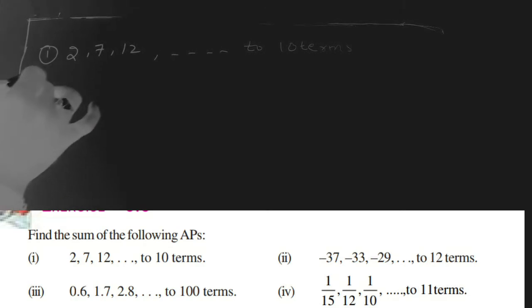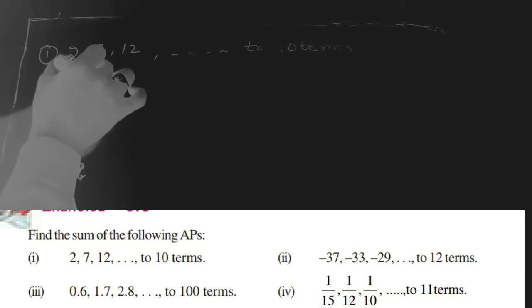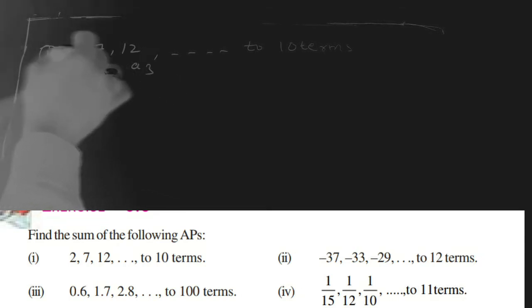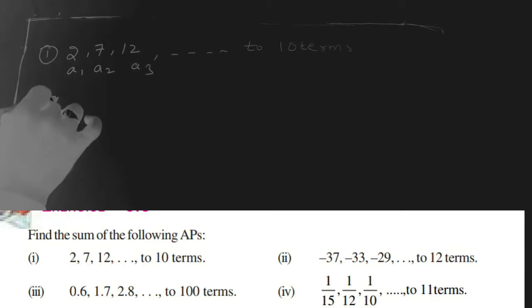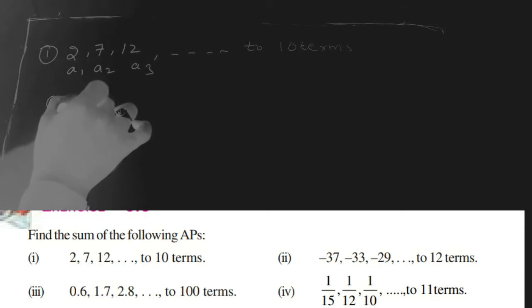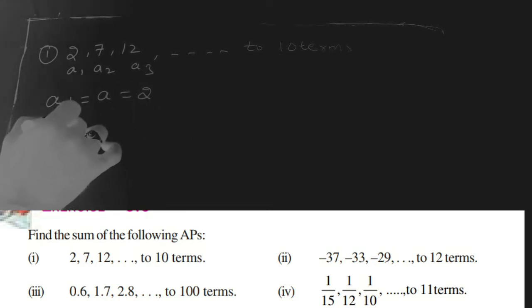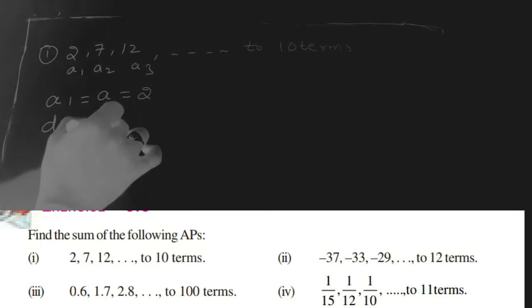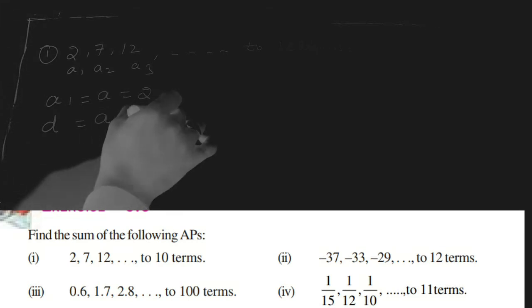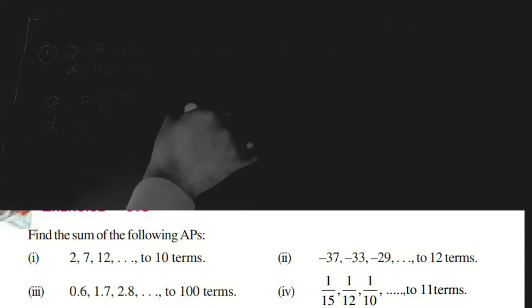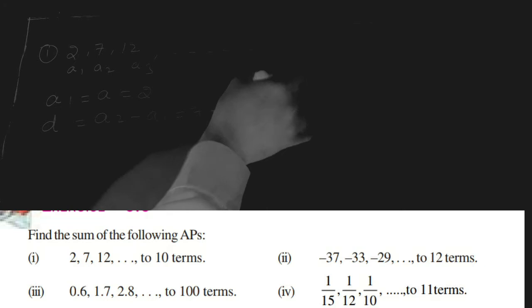What is the first term? This is the first term, a1, a2, a3. So 2 is the first term here, a1 is equal to a is equal to 2. Common difference is a2 minus a1, that is 7 minus 2, that is 5.